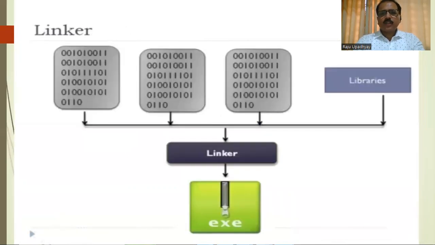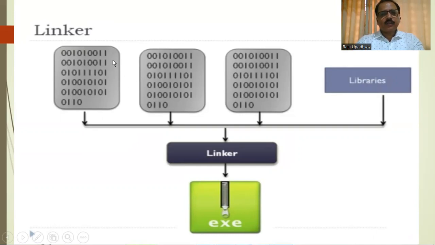So we have taken the example of software development, where we are assuming we are developing a small software with three different programs. For all three different programs, we have a different object file.